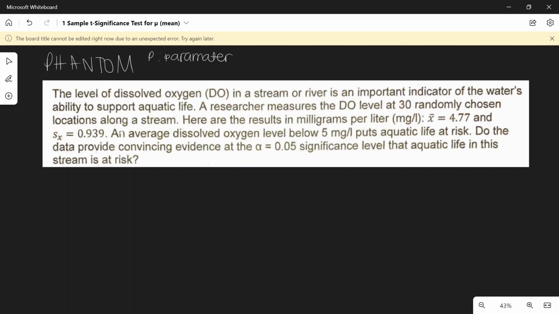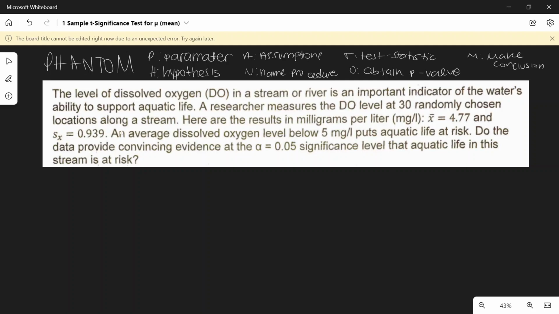P stands for parameter, H stands for hypotheses, A stands for assumptions or conditions that have to be met, N stands for name of the procedure, T stands for your test statistic, and O stands for obtain p-value, and M stands for make conclusion. Okay, so let's start.